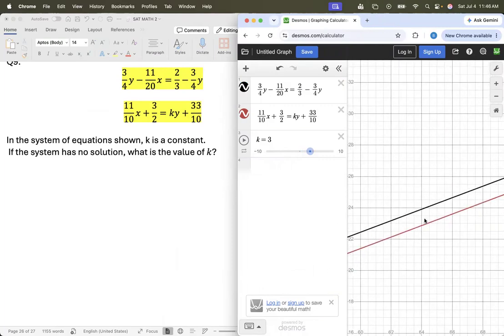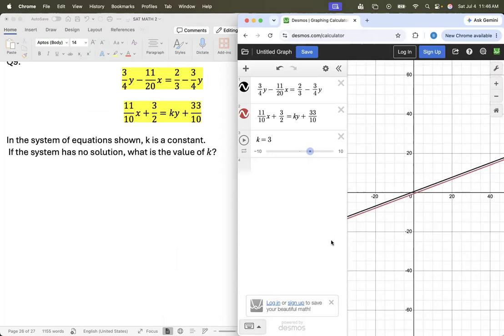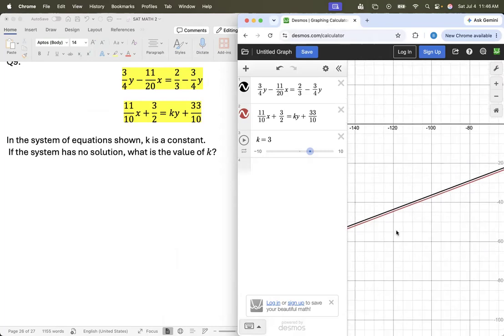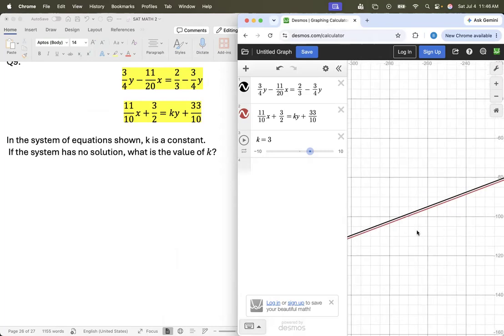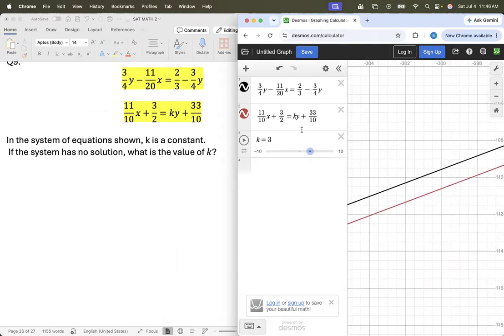Keep on dragging it, or you can make it smaller and smaller. The closer you get, you might think there's a solution, but no solution, no solution. So this is your right answer. K has to be 3. And you can solve it algebraically and see if you're right. This is the end of it.